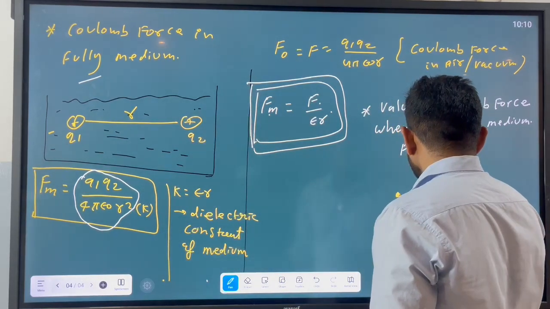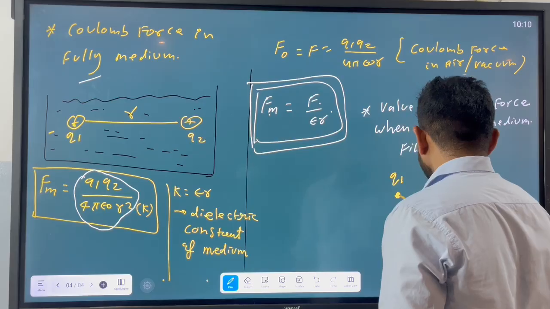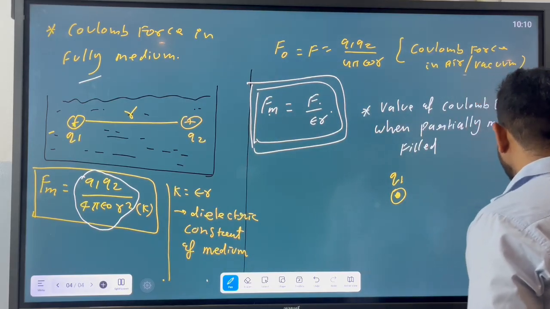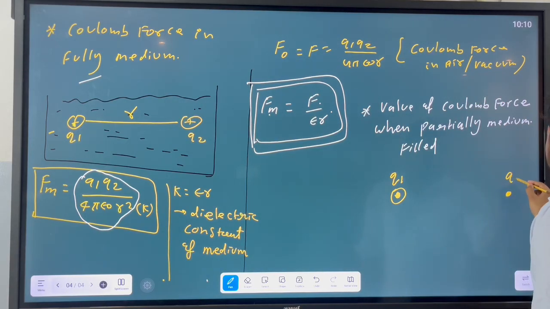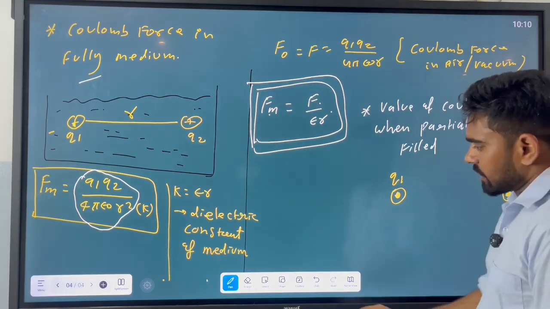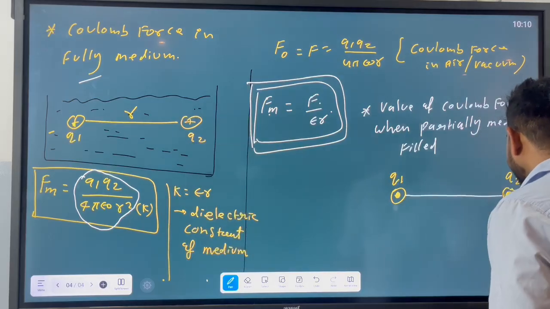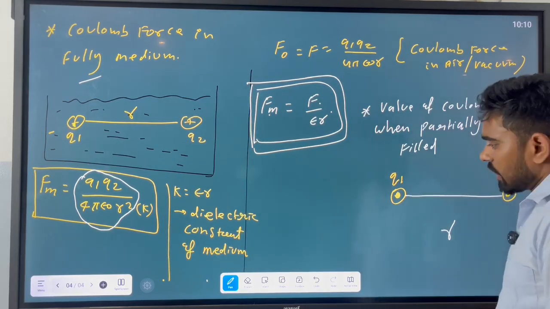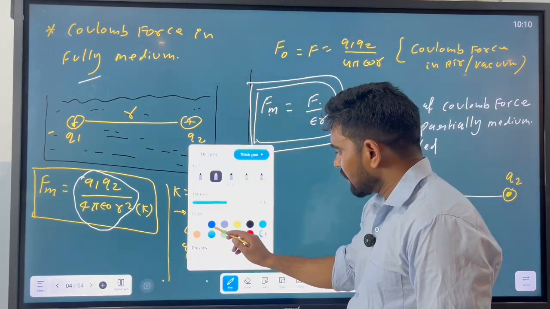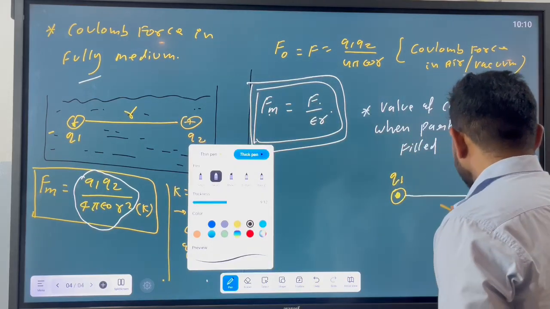Suppose this is a point charge Q1 and this is a point charge Q2. The separation distance between both charges is r, and the medium is partially filled like this.